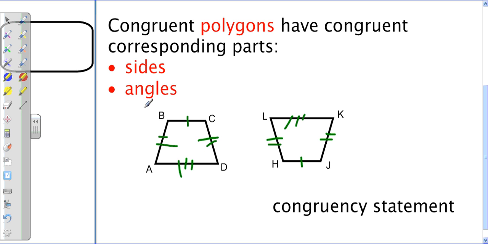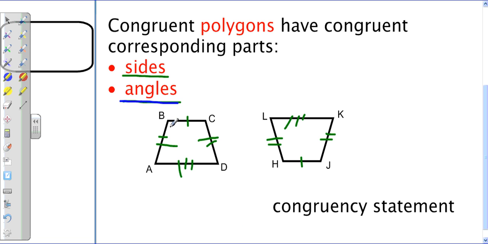So what we see here is right now all we know is that corresponding sides are congruent. And that's really only half of the definition for these two polygons to be congruent. What else has to happen is the angles must be congruent as well.